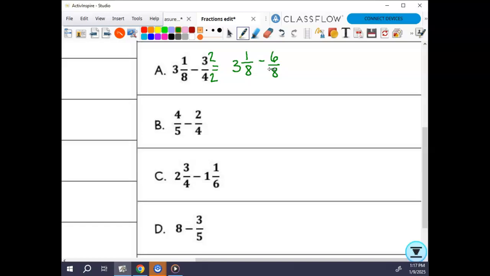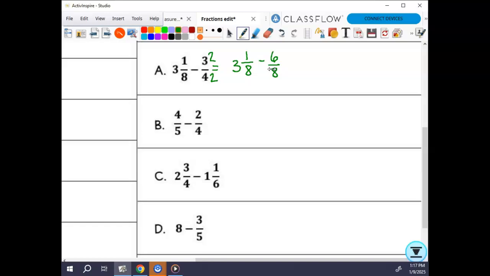Well here, we got a couple of options of what you could do. I don't know that I would get a negative fraction. You can borrow one from the 3, or you could just change it to an improper fraction. Since this is less, that would give me negative, and I don't want to go there if I have a mixed number in there.